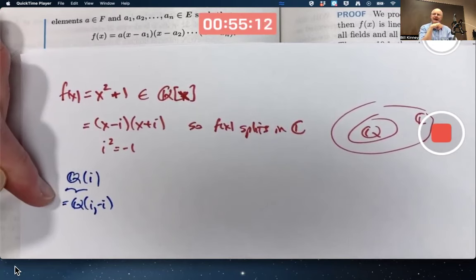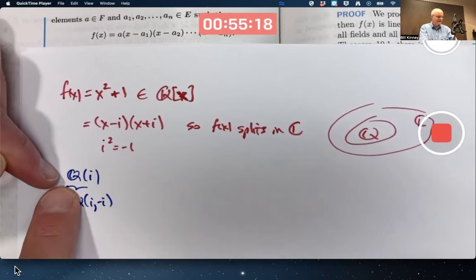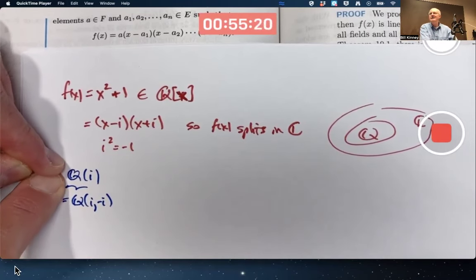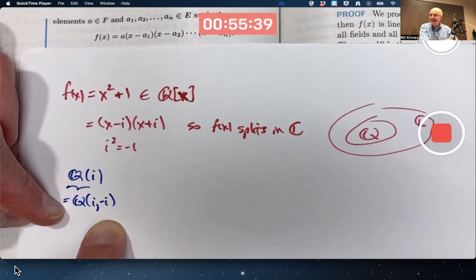Is that obvious? You could call Q(i) the smallest subfield of C, the complex numbers, containing all the rationals and the imaginary unit i, and also containing i and negative i.